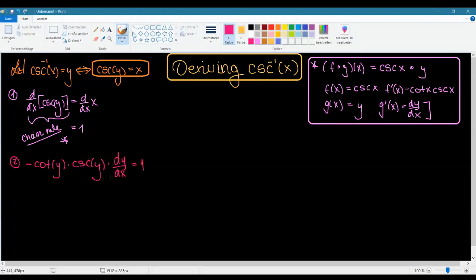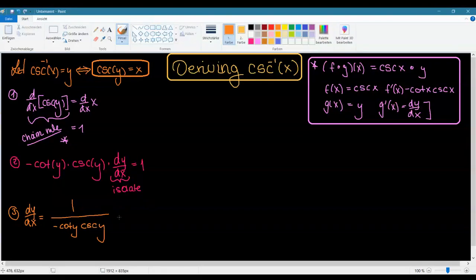Well, we want to isolate this, so we're just going to divide by negative cotangent y cosecant y, and we're going to end up with dy by dx is 1 over negative cotangent y cosecant y.